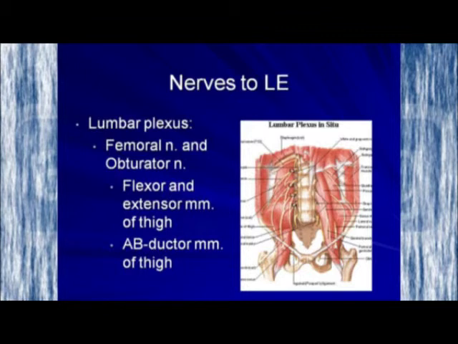So these are the nerves to the lower extremity, and your lumbar plexus, femoral nerve, and obturator nerve will course anteriorly over this musculature. So a lot of times, even though you may have a neuropathy and think that this is primarily a nerve problem, it can be because of a fascial strain or a muscular strain in the way that it's putting excessive compression or just causing inflammation and stimulation of the nerve at the level of the lumbar spine.